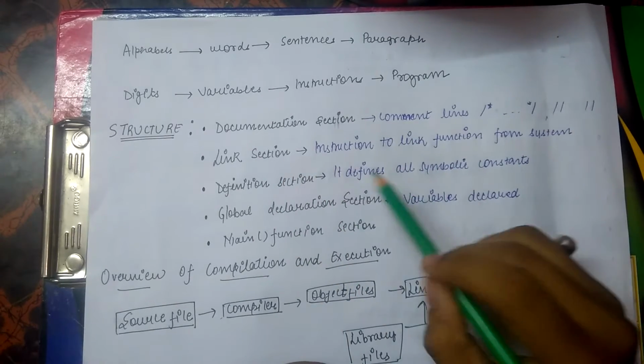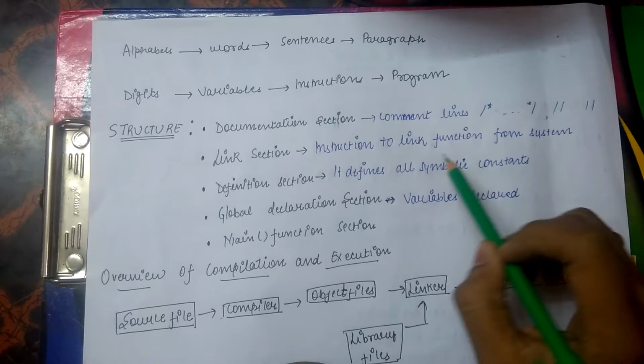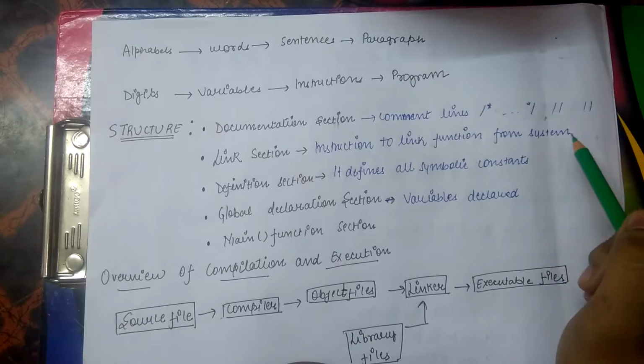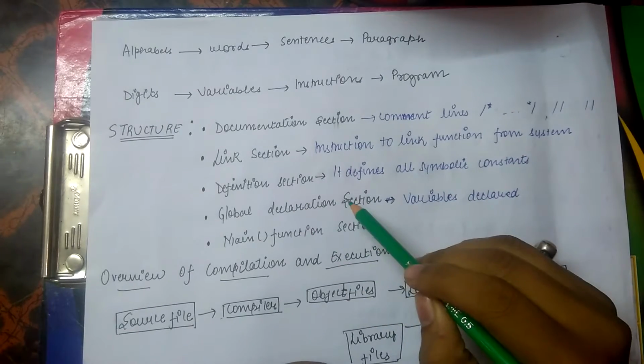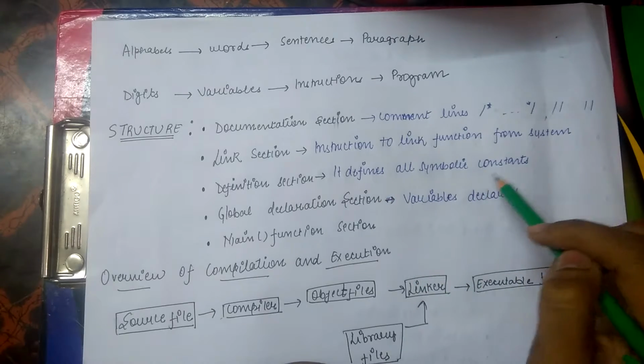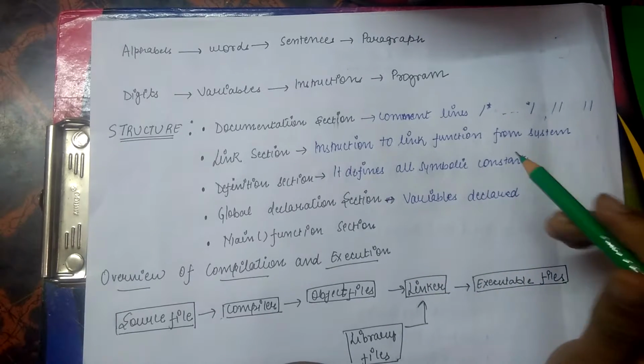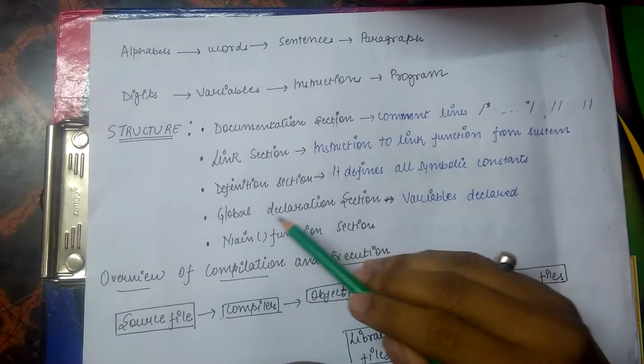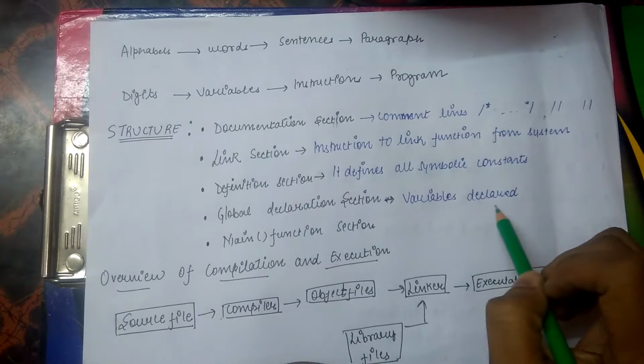Link section. The link section gives instructions to link functions from the system. Definition section. It defines all the symbolic constants that are used in the program. Global declaration section. Variables are declared.